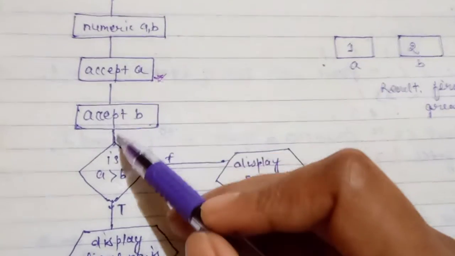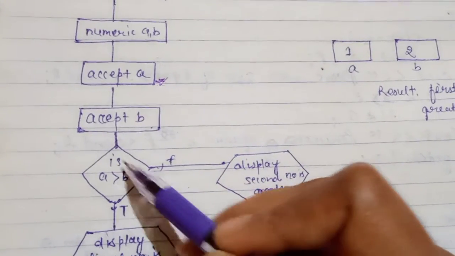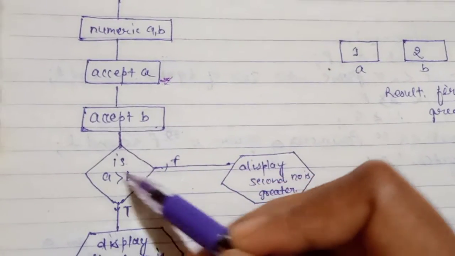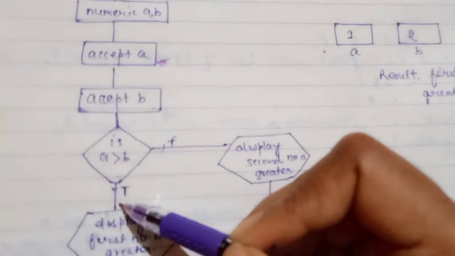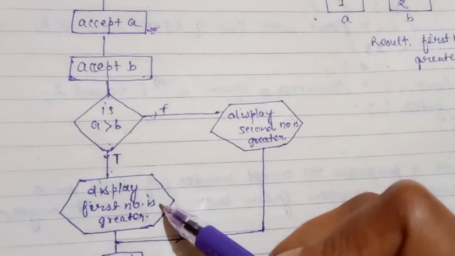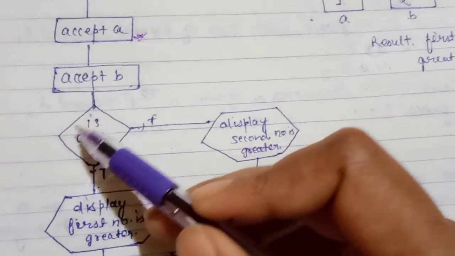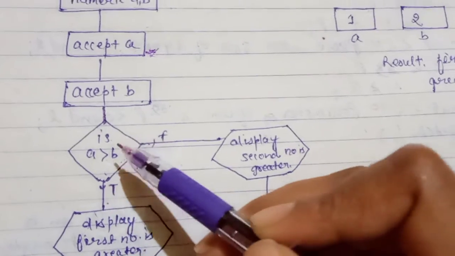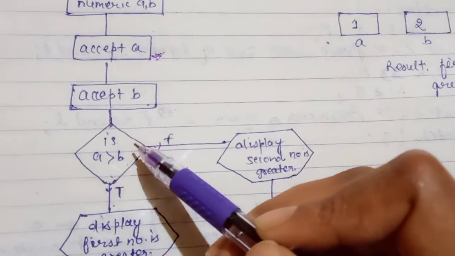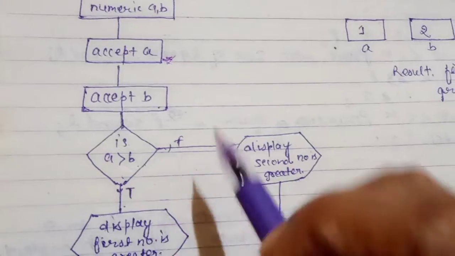So the process will start here. Now, is a greater than b? If a is greater than b, then it is true. The condition starts here, right? This kind of box is used only for conditions.